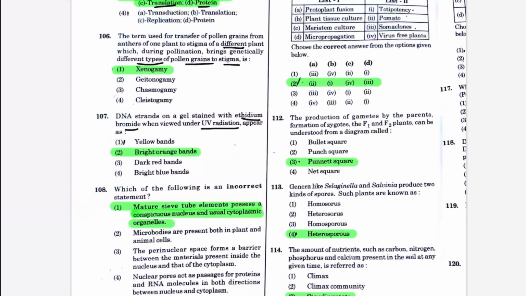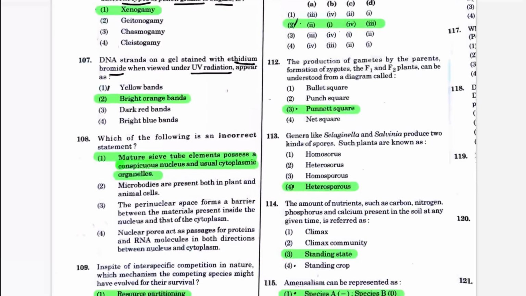For 108, they are asking you the incorrect statement. See the first option: the mature sieve tube elements will possess a conspicuous nucleus and the usual cytoplasmic organelles. No, mature sieve tube elements will not possess any nucleus, right? So this option is incorrect, whereas all others are correct. Microbodies are present in both plant cells and animal cells, and the perinuclear space is a barrier between the nucleus and the cytoplasm.